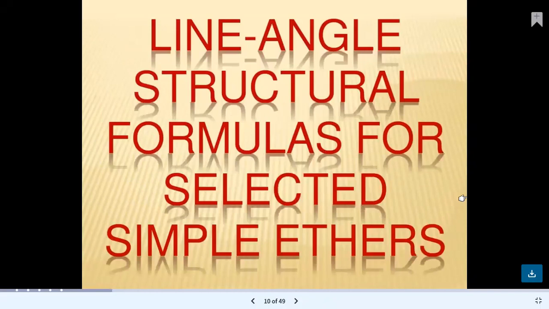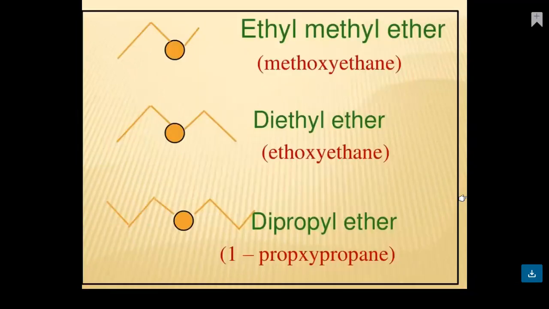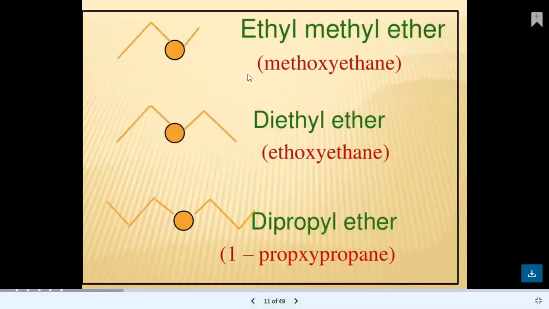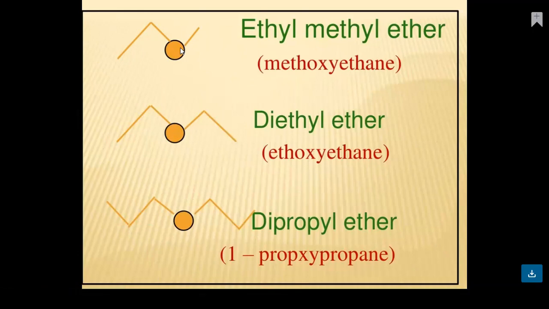Now, how can we name these substances? If we use the skeletal formula here, we will have 1 and 2 carbons connected to the oxygen in the middle and 1 carbon on this side. There are 2 possible ways for you to name this. You can name it ethyl methyl ether, or you can name it methoxyethane.